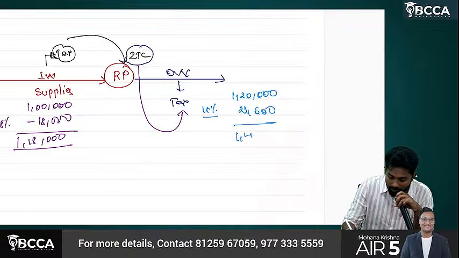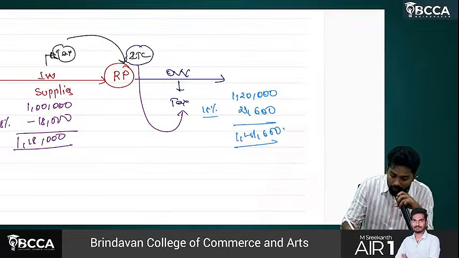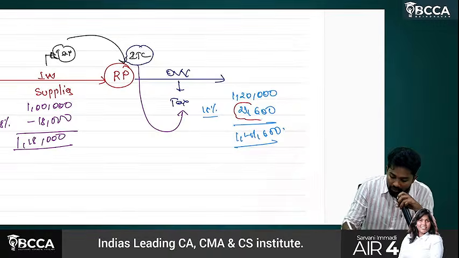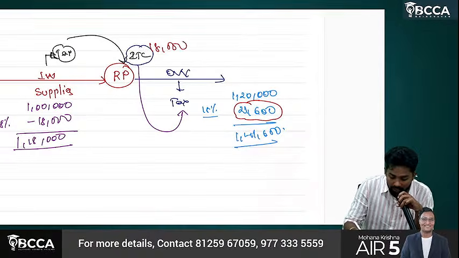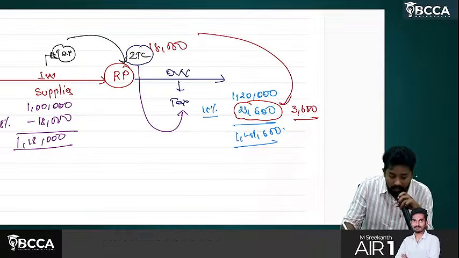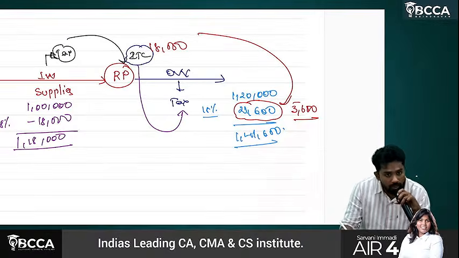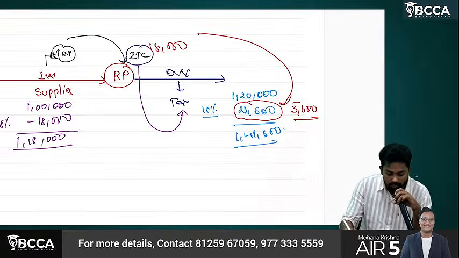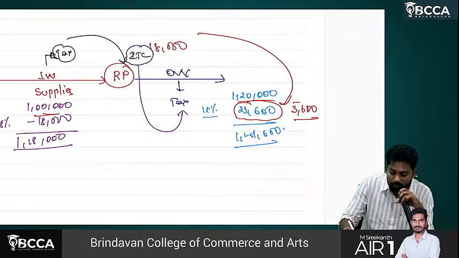Total 1,41,600. While paying this 21,600, we can set off this ITC 18,000. So if you set off ITC 18,000, how much are you paying extra? 3,600 only.